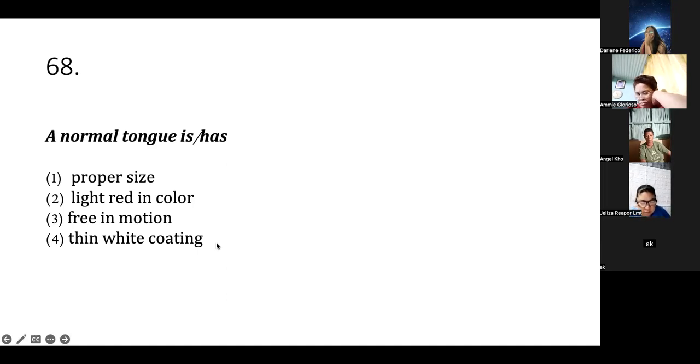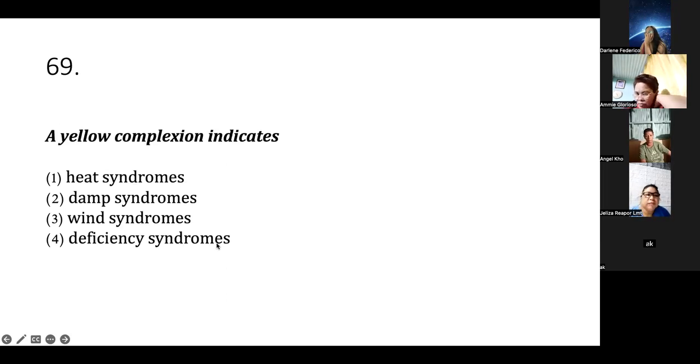Okay, next, 69. A yellow complexion indicates damp syndromes and deficiency syndromes. Letter C. Okay, what about if you have heat syndrome? So reddish. Red. Reddish, Doc. And wind?